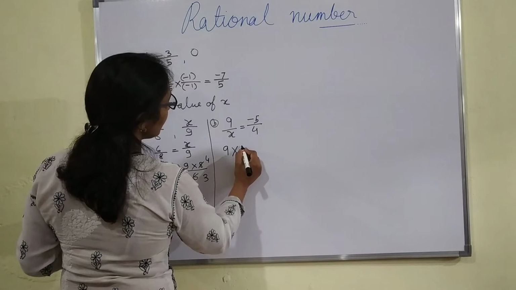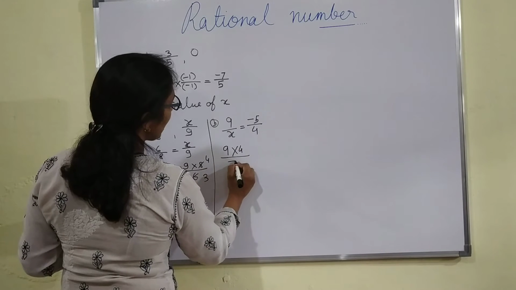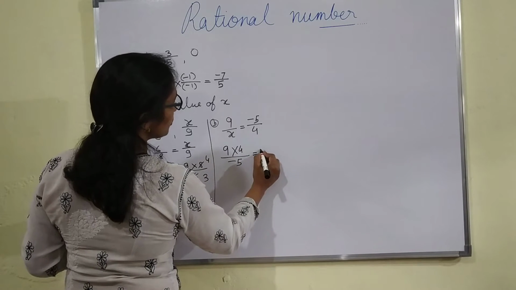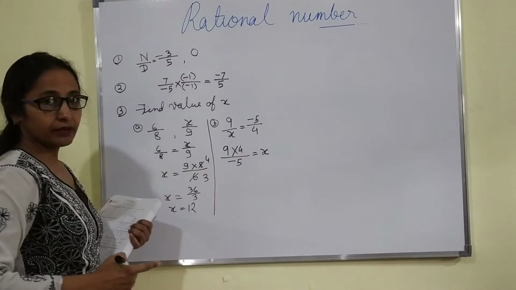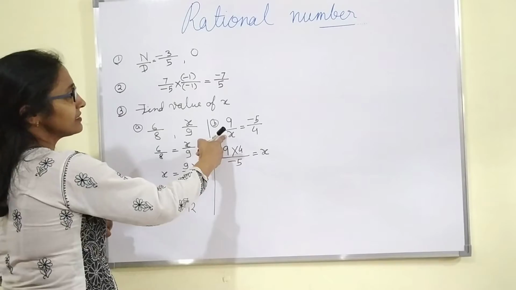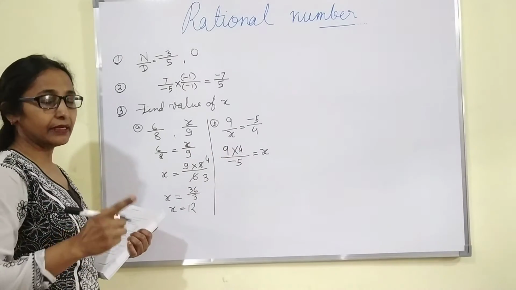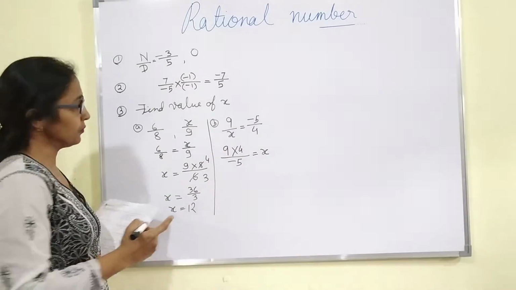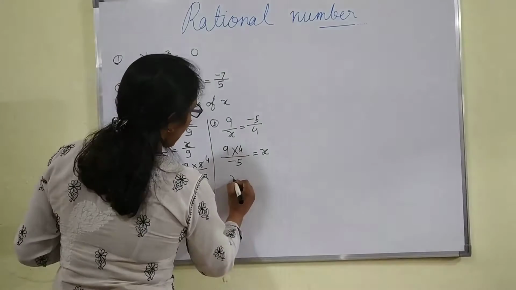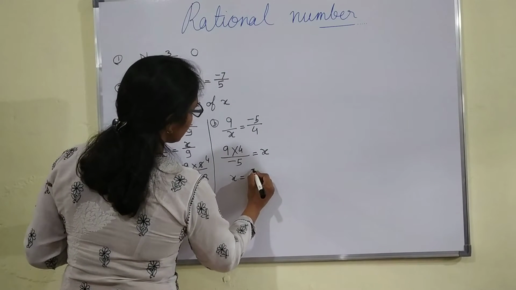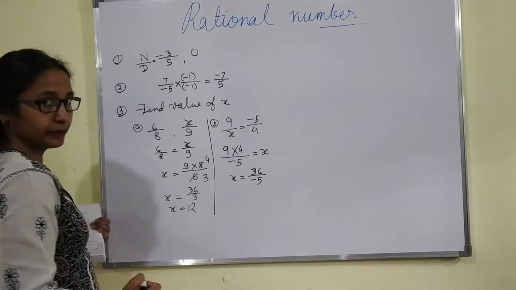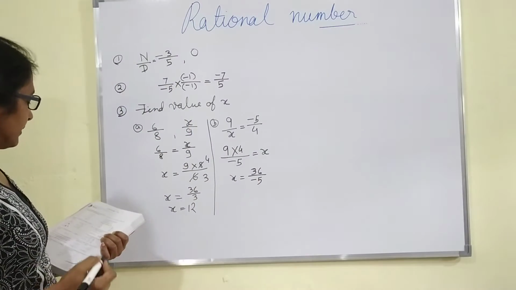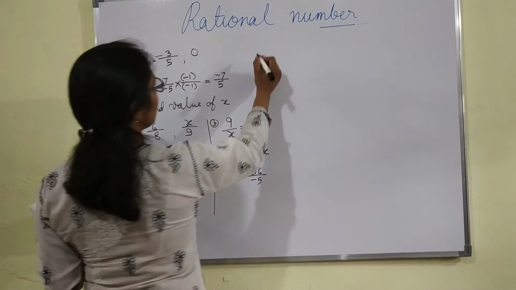So 9 into 4 upon minus 5 equals x. First we will make this x, which is here as the denominator, the numerator to find its value. So x equals 36 upon minus 5.